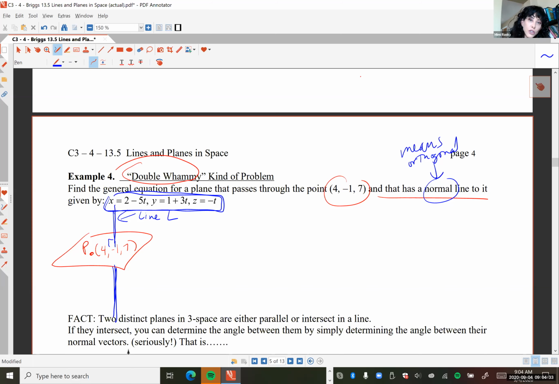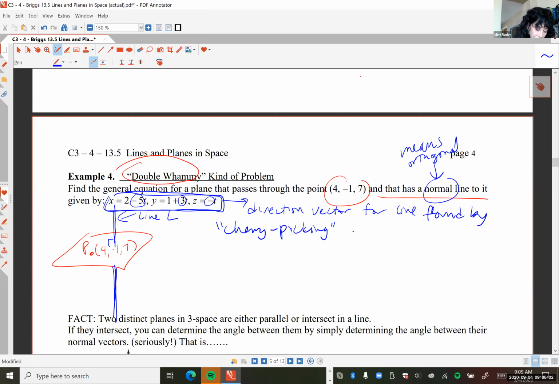And the direction vector's components end up being the coefficients of the parameter t, so the direction vector can be found by cherry picking the coefficients of the parameter t.